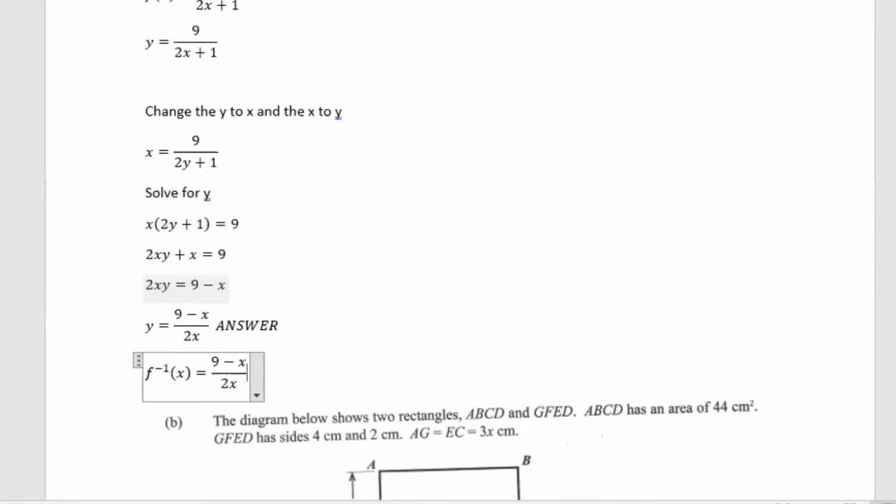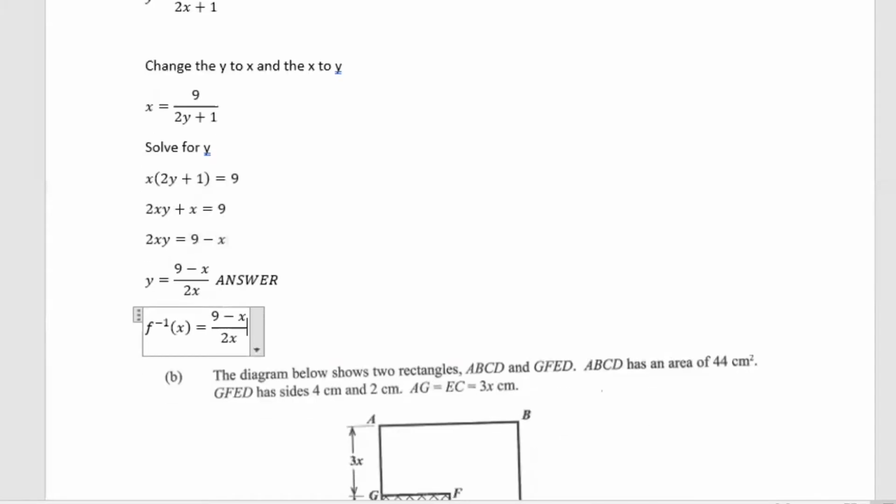So when you're working through your final expression, that is your final answer. So it is 9 minus x divided by 2x. And in this case, we know that x cannot be 0, basically.